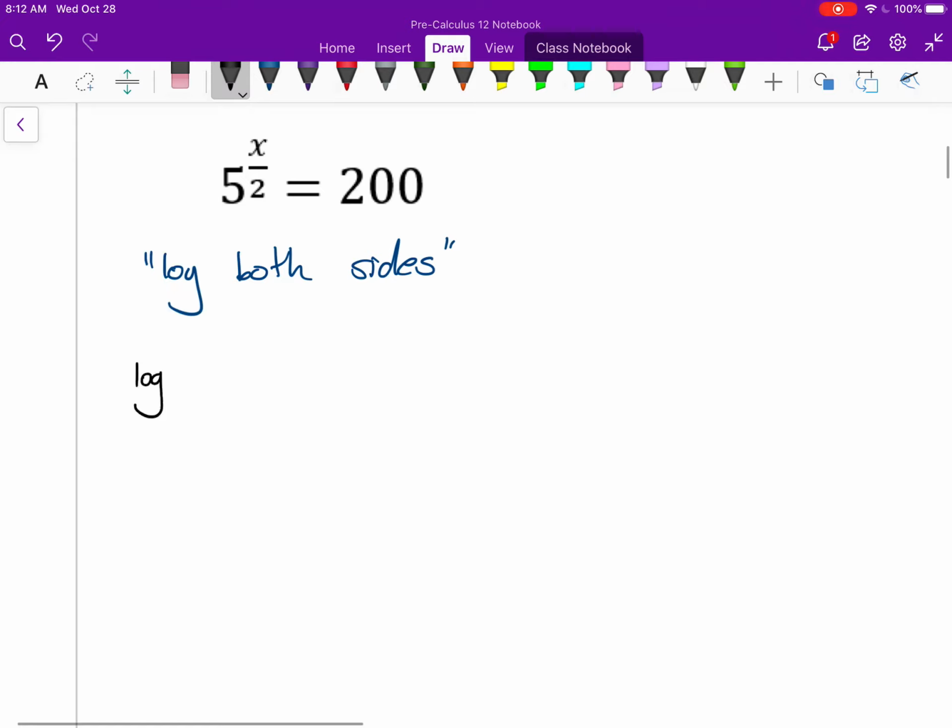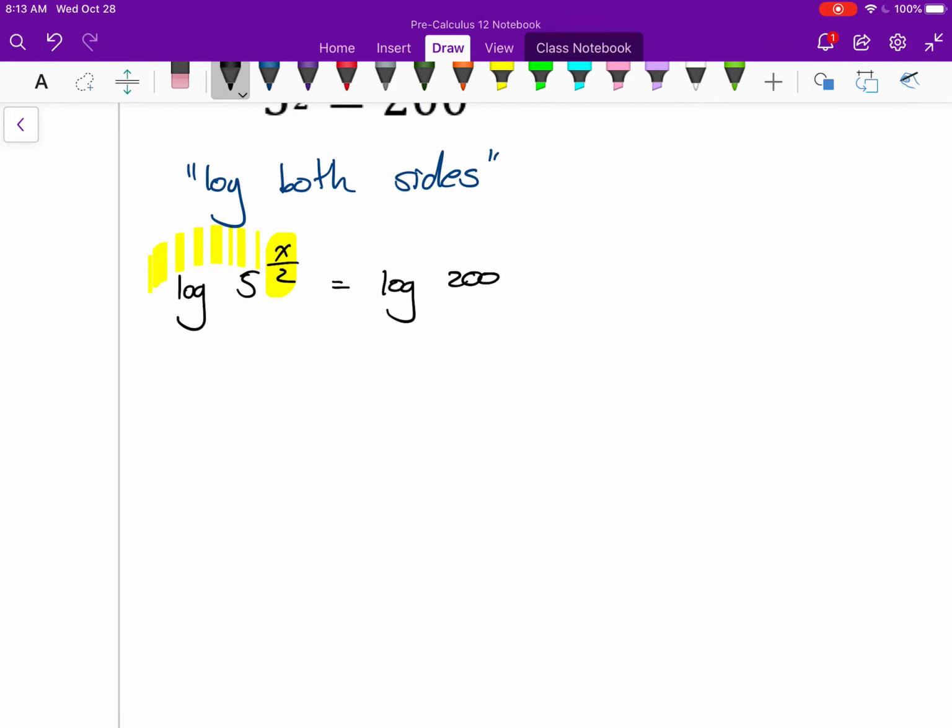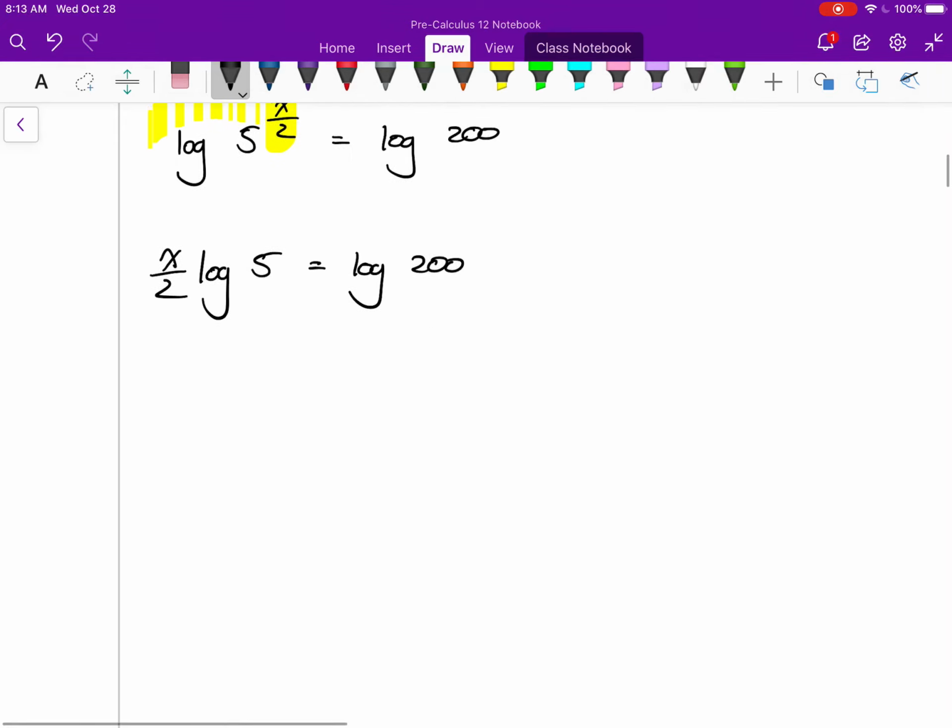So I'm going to write this as log of 5 to the power of x over 2 equals the log of 200. I can pick any logarithm I want, though, so I'm going with log base 10. The point is that now this x over 2, I can use the power law to write as a coefficient. So I have x over 2 times the log base 10 of 5 equals the log of 200.